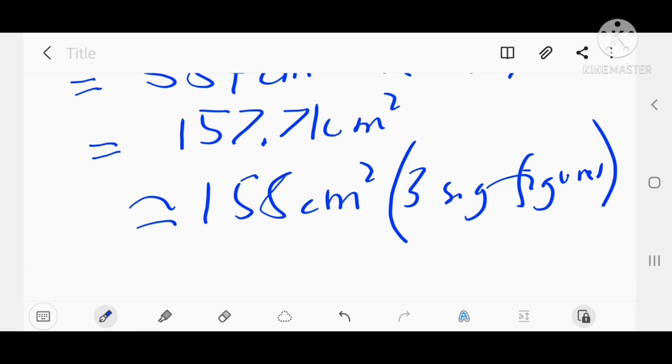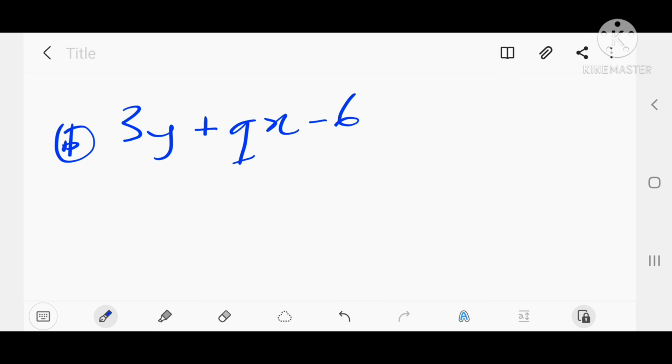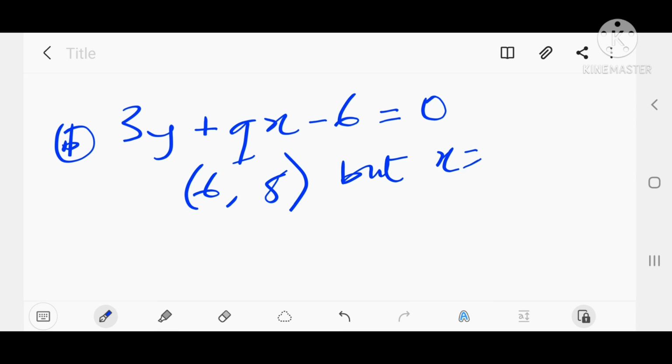Okay, so we also solve the second question, which says that given the equation 3y plus qx minus 6 equals 0, if the line is passes through the point 6, 8, we should know that x equals 6, based on the point on the xy plane, and y equals 8.